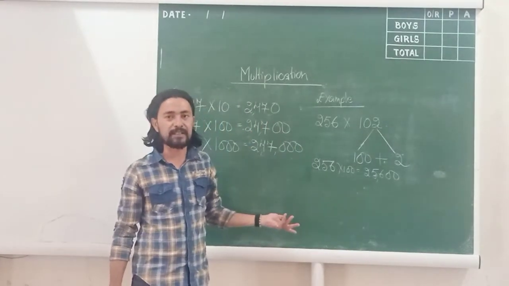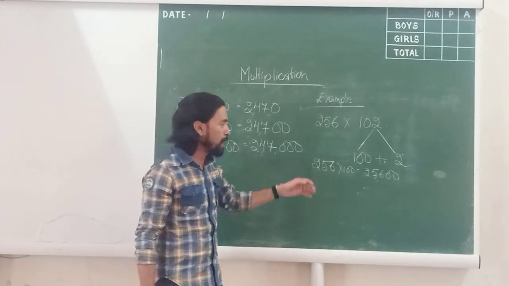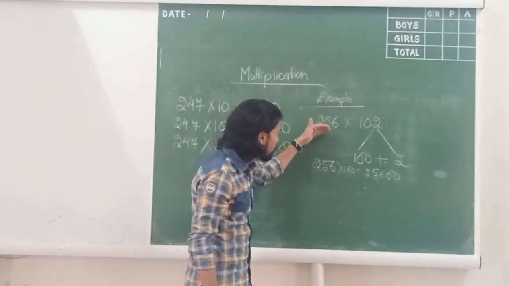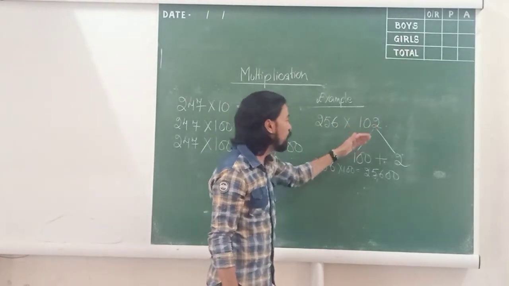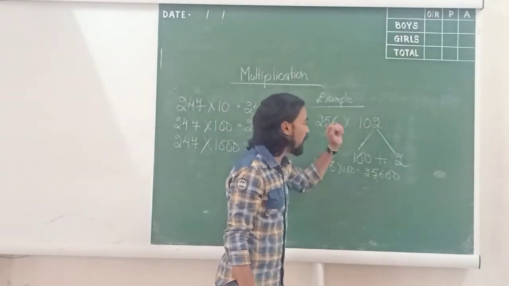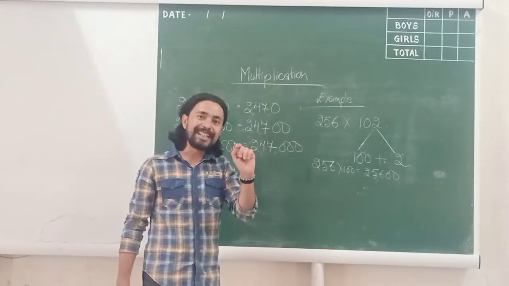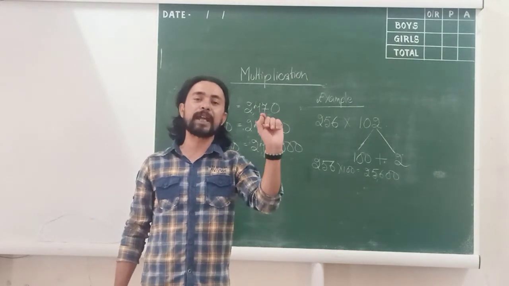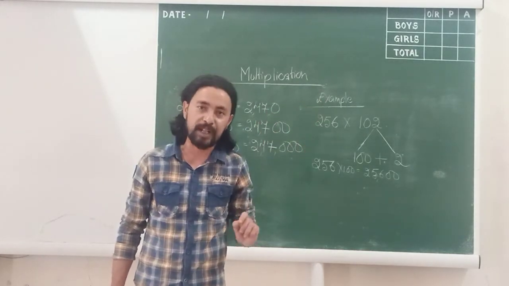But my sum is 256 multiplied by 102, so I also have to multiply it by 2. It's easier to multiply with a single digit rather than with 2, 3 or 4 digit numbers.